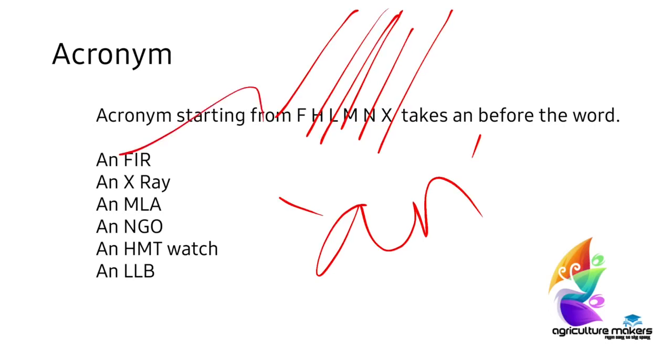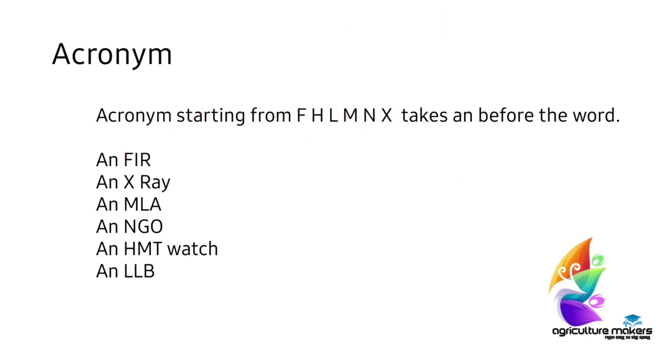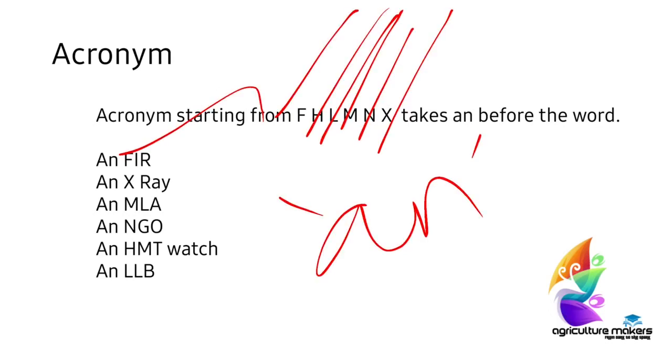It is an FIR and it is not a FIR. And it is an X-ray, an MLA, an NGO, an HMT and an LLB. Yes, before the acronyms starting with the letter F, H, L, M, N, X, you have to use an even though they are said to be consonants. And these are all about the articles.